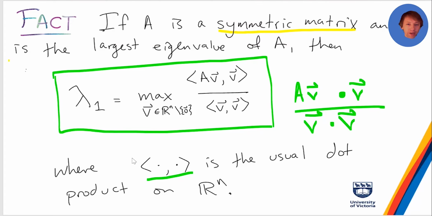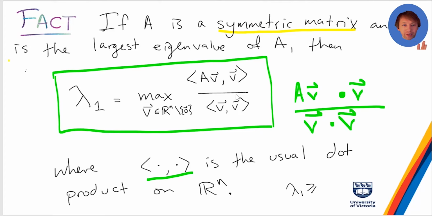So if we take this fact as being true, and I want to lower bound lambda 1, to show it's greater than or equal to something, there's a natural thing to try, which is to pick a vector v where this ratio is large.